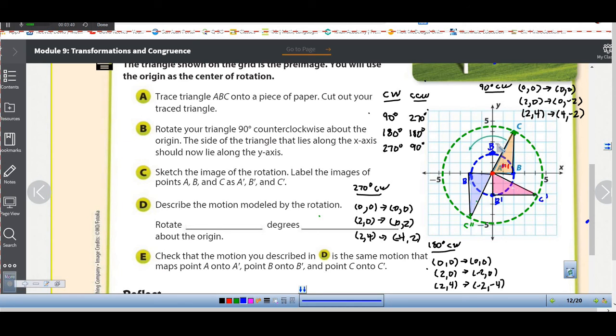So this is going to be our B triple prime. This is our third image. And then finally, we're going to have C triple prime, and C triple prime is at negative 4, 2. And hey, look, that one actually looks like it came out on the circle like it was supposed to. And that's our C triple prime.